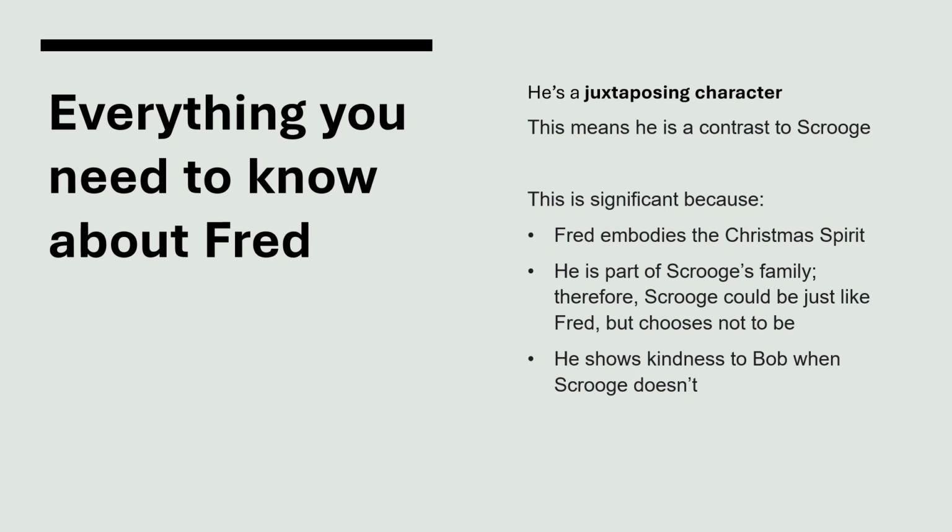He believes that they are useless, that they are expendable. By expendable, I mean he doesn't think that they're important. He thinks you could lose them. He thinks they could pass away, and he wouldn't really care. But Fred acknowledges Bob, and he speaks to Bob like he's a human. So there's that lack of prejudice in Fred that we don't see in Scrooge.